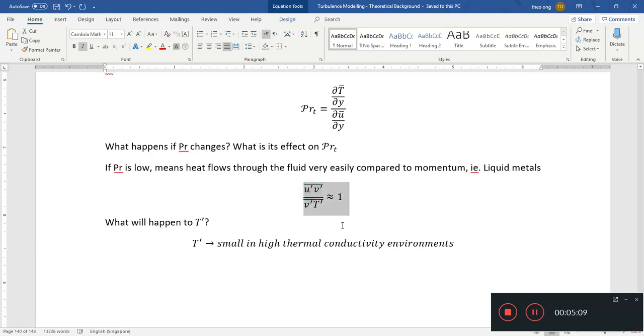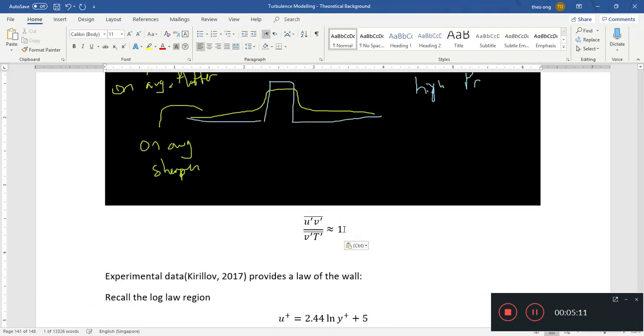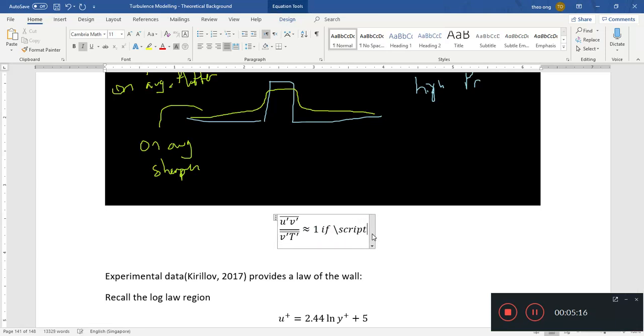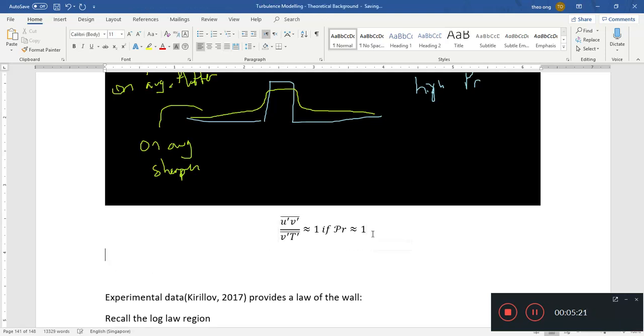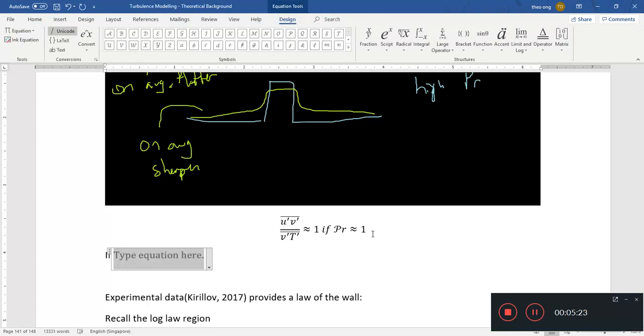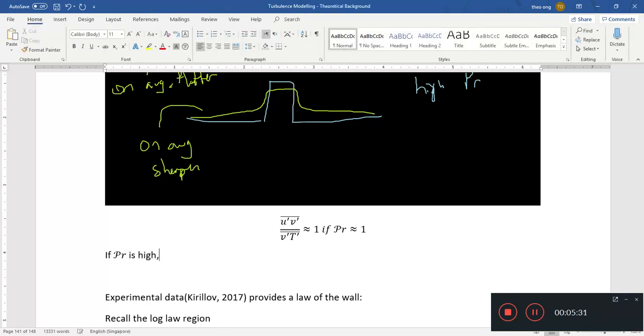So if the Prandtl number is high, then this term at the bottom tends to be bigger.